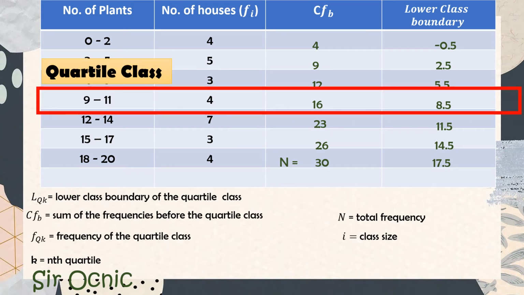This will now be our quartile class. The lower class boundary of our quartile class is 8.5. The cumulative frequency before the quartile class is 12. The frequency is 4. k is equal to 2. The total frequency is still 30, and the class size is still 3.